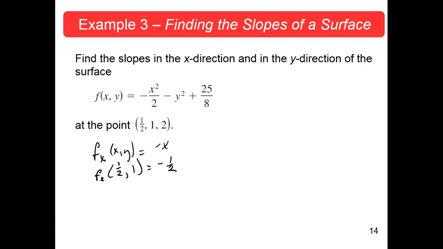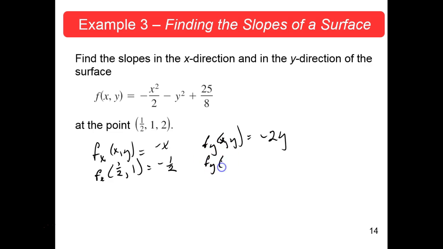Okay? Now let's do the partial of f with respect to y. And this is also a function of x and y only. And what would that be? Negative 2y. Okay? Now it's also going down. So now again, let's calculate it.